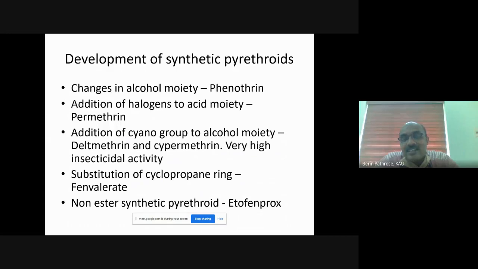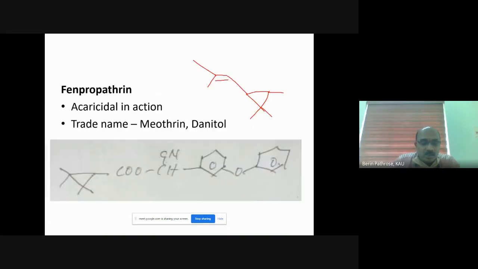Then they started adding a cyano group to the alcohol part. Then we got deltamethrin, cypermethrin, beta cyfluthrin, etc., which have very high insecticidal property. Then they started substituting on the acid part, that cyclopropane ring. This is the cyclopropane ring. I will show you. Yes, see, this is the propane one.